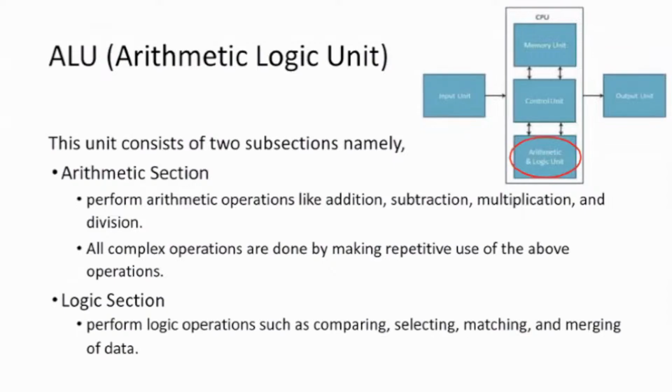This ALU consists of two sections, two components: the arithmetic section and the logic section. What is the arithmetic section? It means arithmetic operators like addition, subtraction, multiplication, and division. Not only that, we also do all the complex operations inside this arithmetic section.